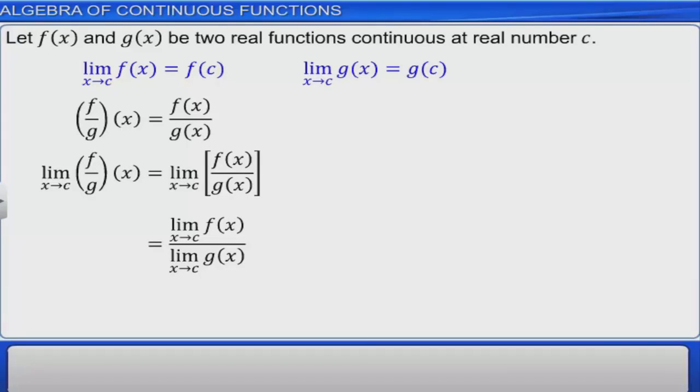Since functions f and g are continuous at x equal to c, the limit of f of x as x approaches c is f of c, and the limit of g of x as x approaches c is g of c. By the property of quotient of functions, this is further equal to (f divided by g) of c.